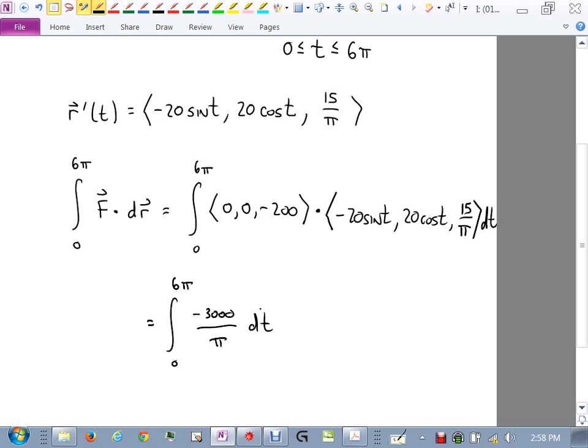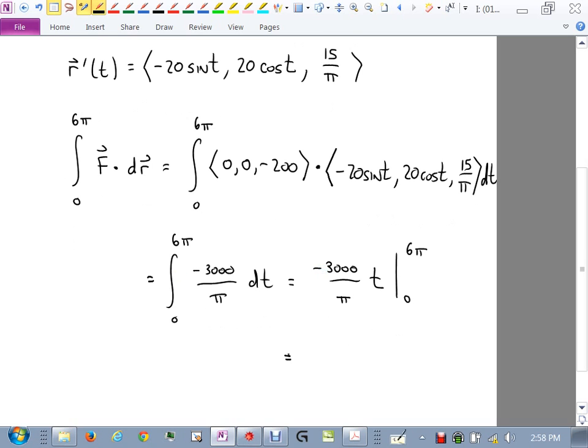Take the antiderivative with respect to t, and you get negative 3,000 over pi t. Evaluate that at 0 and 6 pi. So negative 18,000 what? Foot-pounds. Because your travel distance was feet and then the force pounds, so foot-pounds.